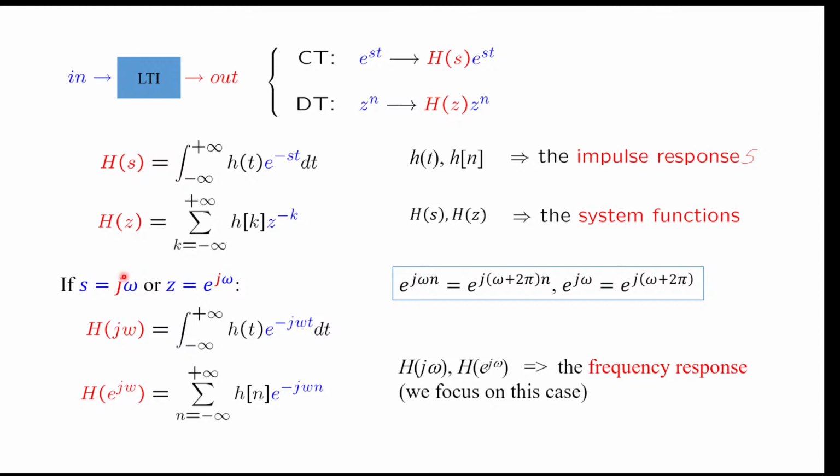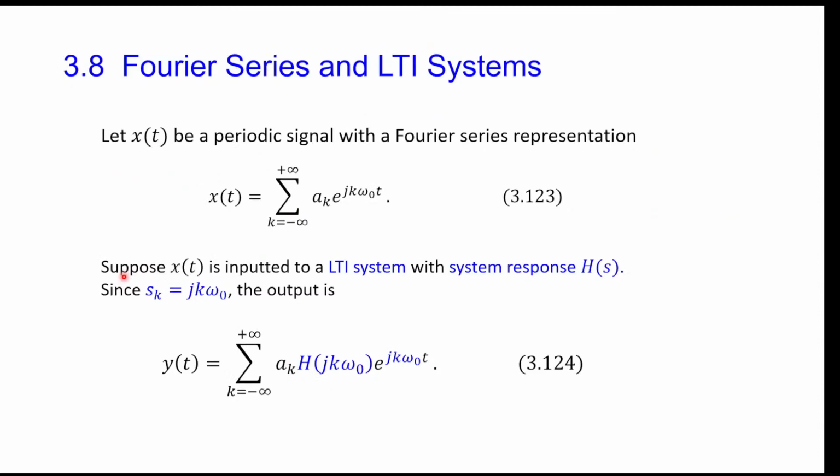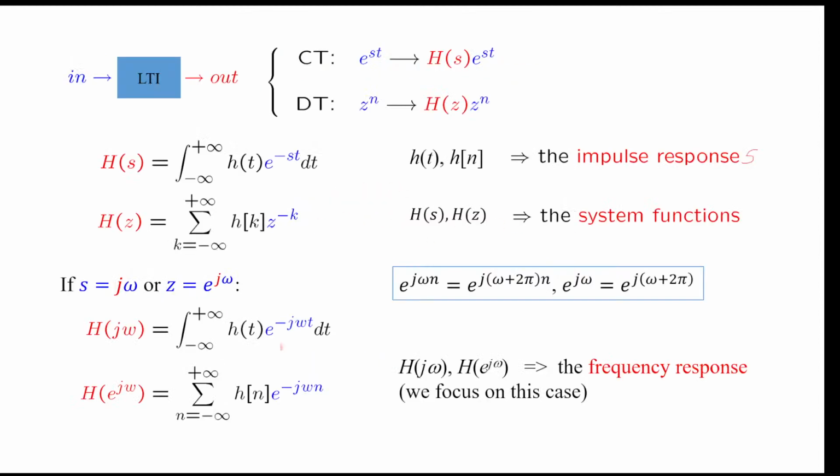Now back to more things we talked about at the start of the chapter, so this is a bit of a review. We have decomposed our signal into this harmonic series. We decompose our x of t into a linear combination of e to the jk omega naught t, and this is in this form.